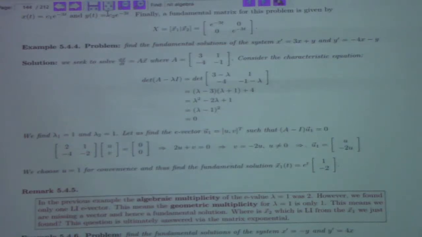But this is a second order system. I mean, it's a system of two differential equations, right? We should find 2 fundamental solutions. We just found 1. Where's the other? So you see there's something missing with this eigensolution technique that we have.